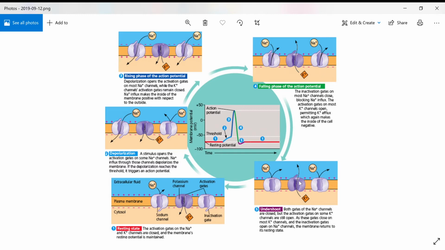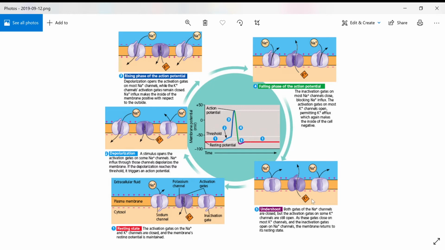Eventually, the potassium channel closes, but like I said before, it's very slow at opening and closing. So it's going to close very slowly, and this dip right here is the reason why. Because it closes so slowly, the neuron undershoots and gets a little bit more negative than its resting potential of -70.